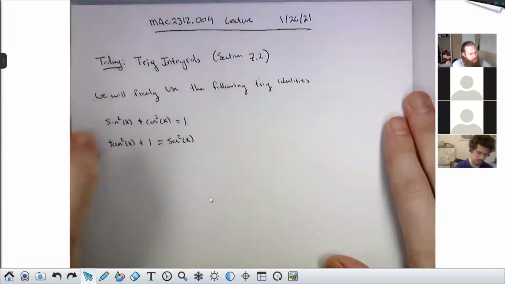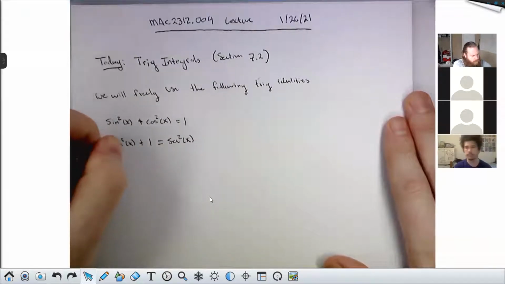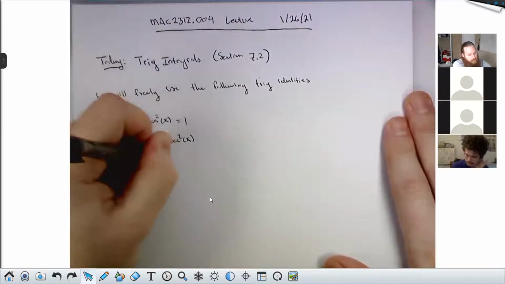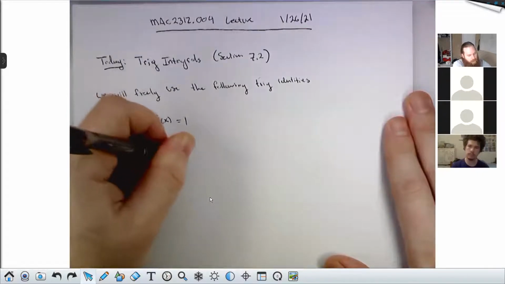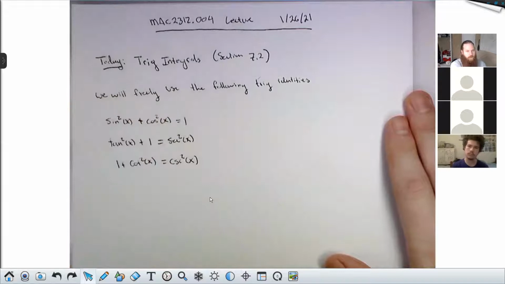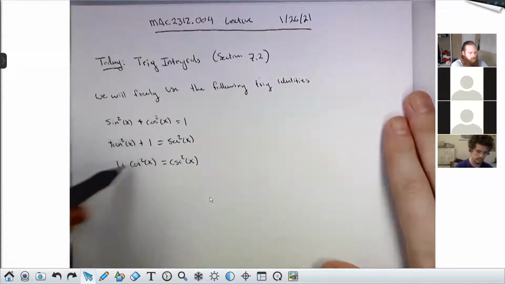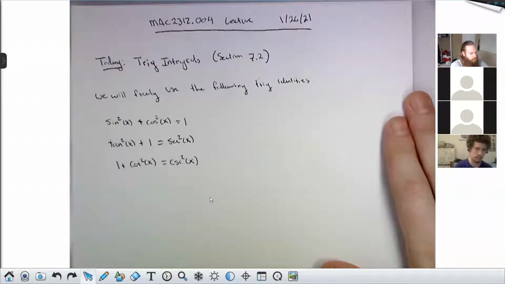There's another form of this, which is 1 plus cotangent squared equals cosecant squared. You'll need these in some of the homework problems, but I won't be working many problems which require this because really they're symmetric. They're the same as this other thing. So anything that works for secant and tangent works for cosecant and cotangent too. This whole family of identities is called Pythagorean identities.